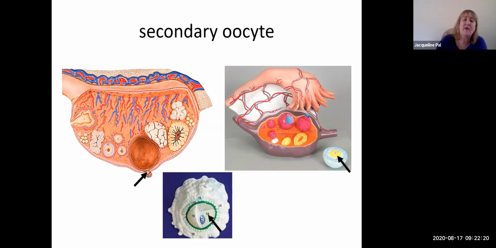At the time of ovulation, it is no longer a primary oocyte, it's a secondary oocyte, meaning it's still in meiosis 2. It has not completed meiosis 2 and will not complete it unless it gets fertilized.